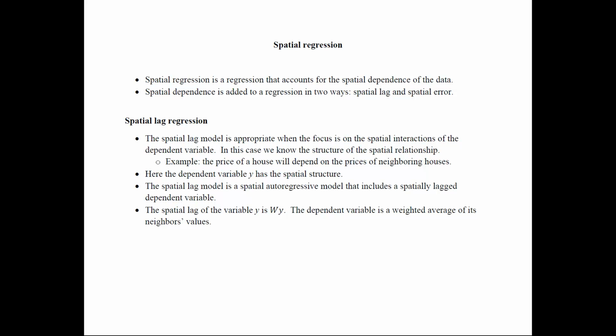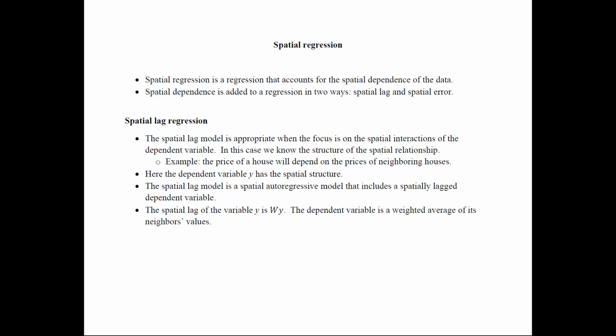That one would be appropriate when the focus is on the spatial interactions of the dependent variable. And it's typically used when we know the structure of the spatial relationship. So for example, we would have the price of the house will depend on the prices of the neighboring houses. We know this is true for a fact.